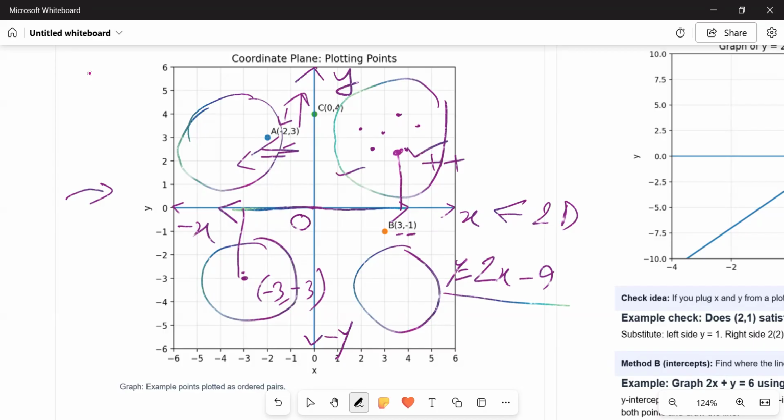So that is why it is important for you to familiarize yourself that there are 4 quadrants, and in some quadrants you will have the values of x and y both positive, in some one negative one positive, and in one, both of them negative.